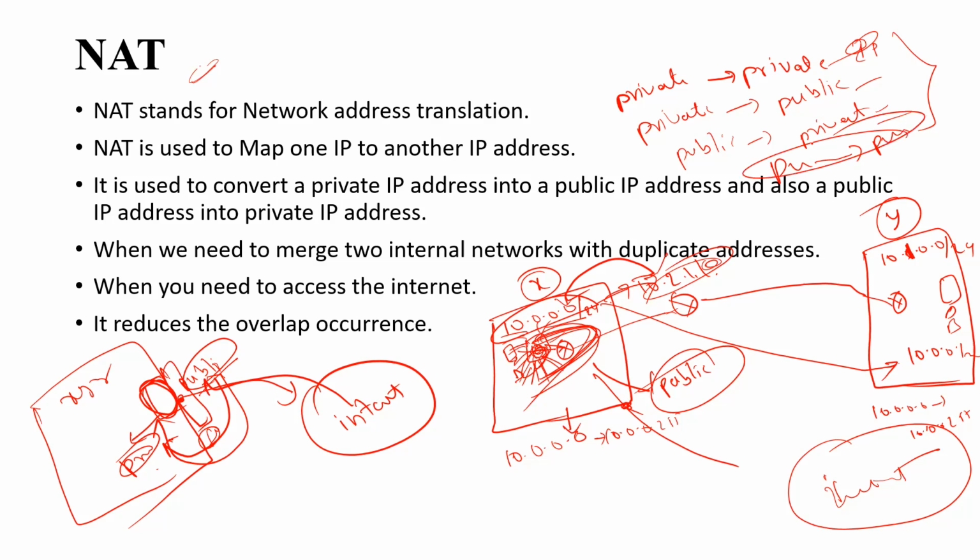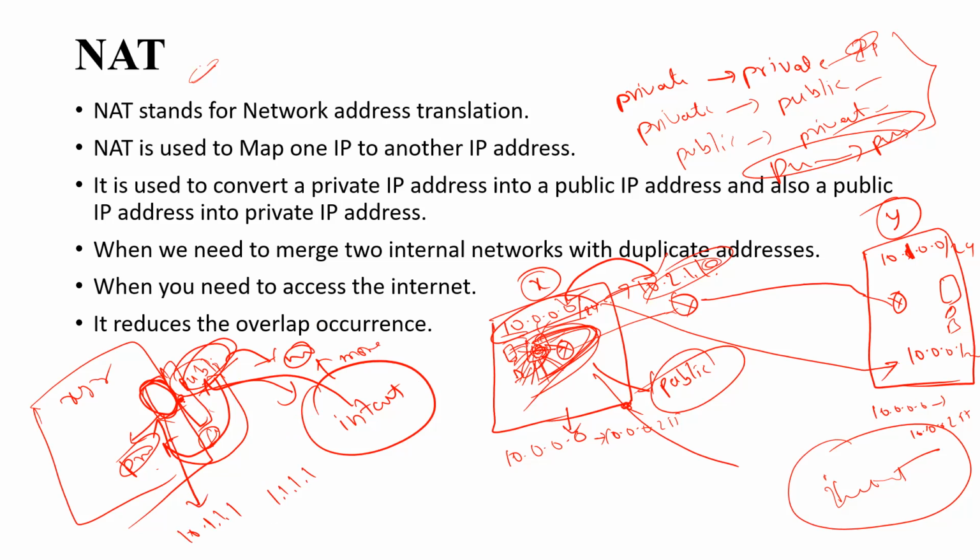So public to public, in the same case. If you want to hide your public IP address, suppose here we're having one public IP, right? So you can convert this public IP to another public IP also to maintain more security. Suppose let's consider 1.1.1.1, and 10.1.1.1 is the private IP of the internal server.